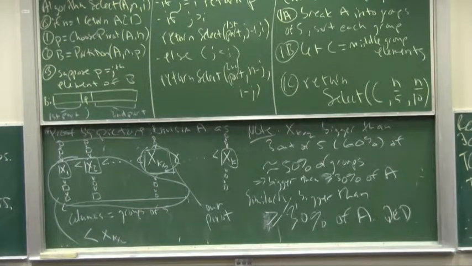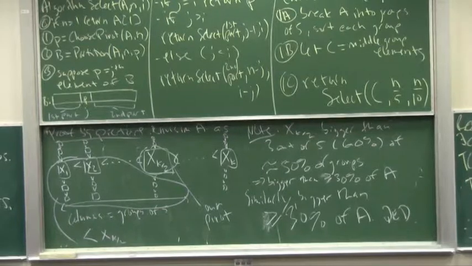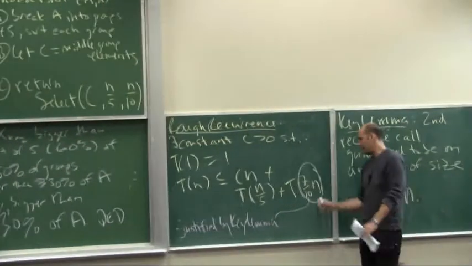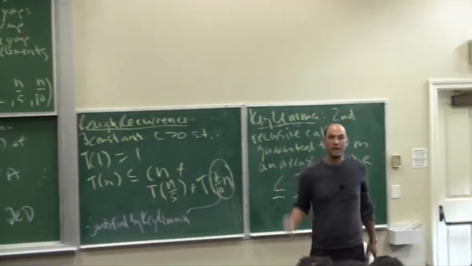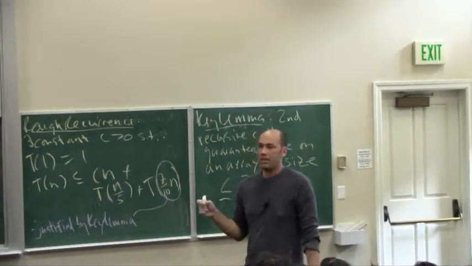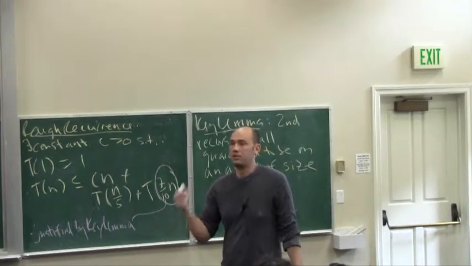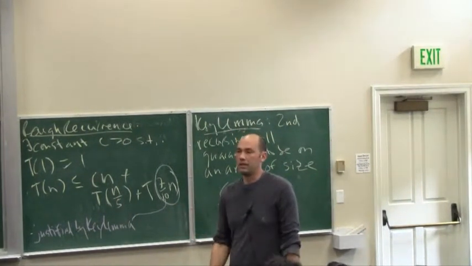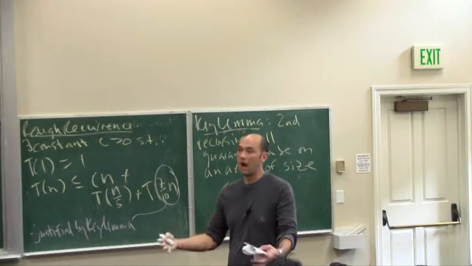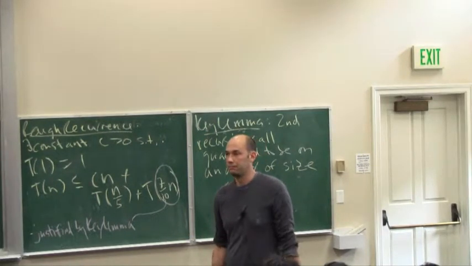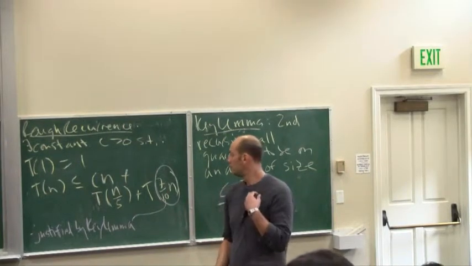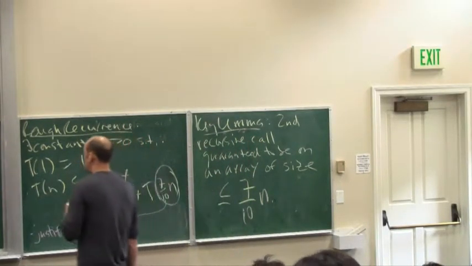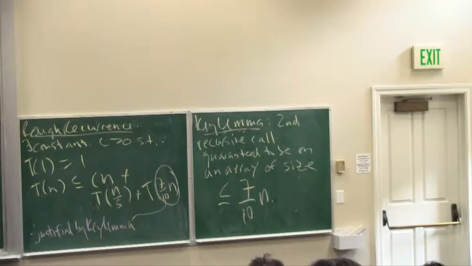So questions. That was the first thing I owed you. The first thing I owed you was a proof of this lemma, which is what justified filling in the input size of the second recursive call to be 7/10. But I still owe you proof of the rest.